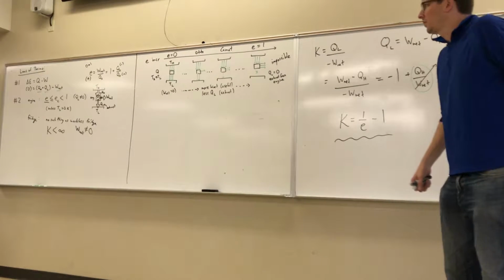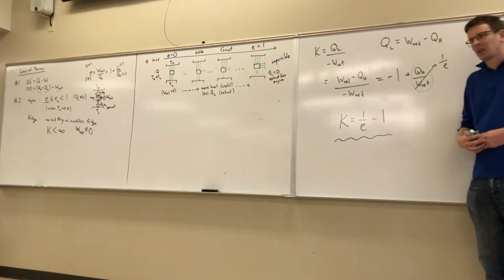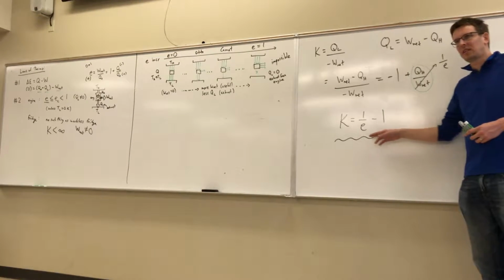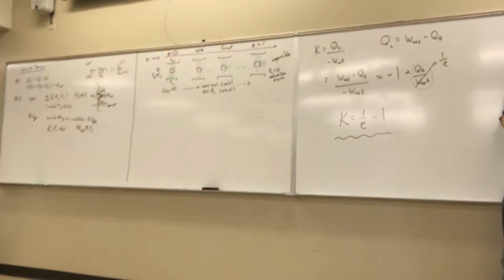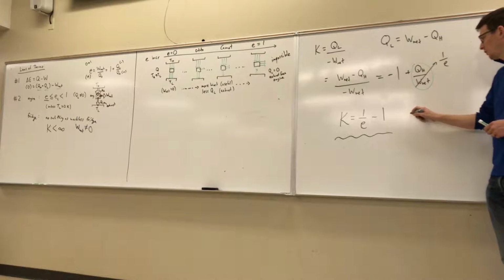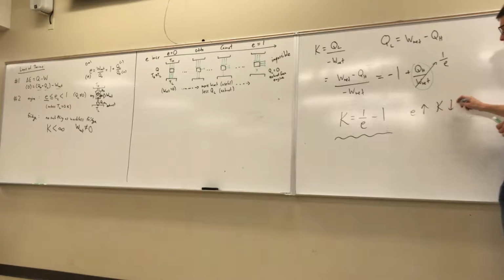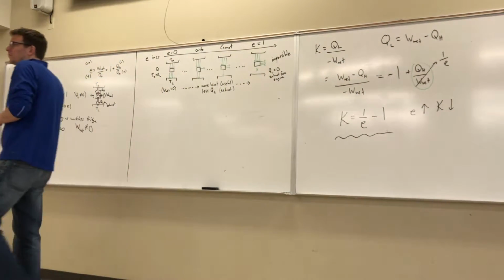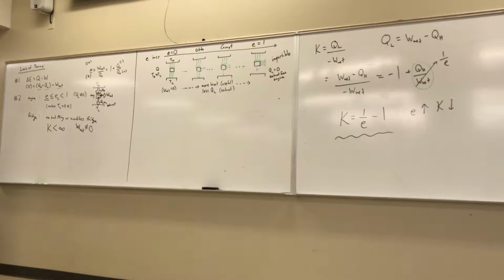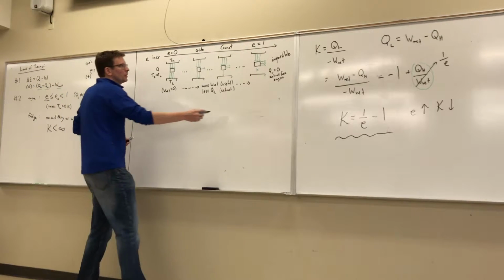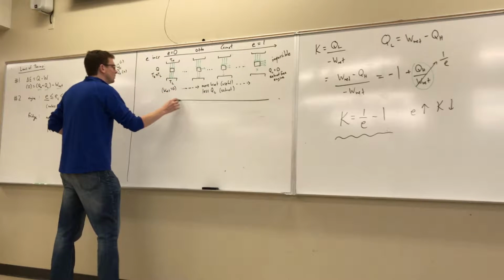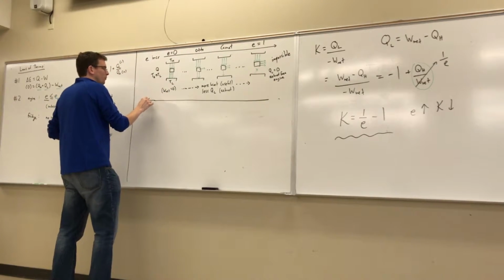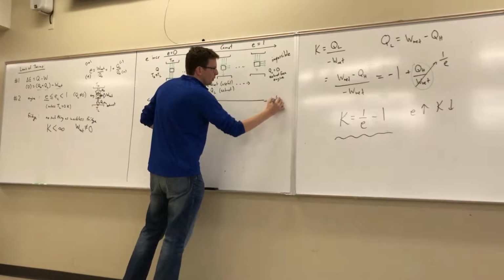Now let's reverse all these cycles. One of the things that this tells us is that the coefficient of performance and the efficiency are inversely related. So if the efficiency increases, the coefficient of performance goes down. So let's add a second line here, where now my coefficient of performance is going to increase going the other way.